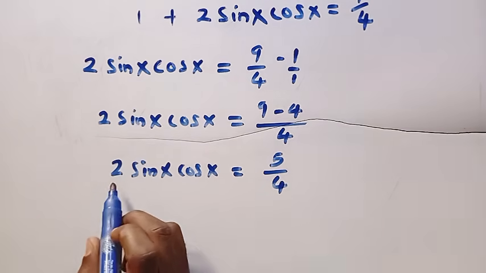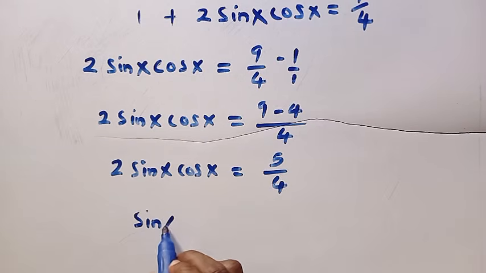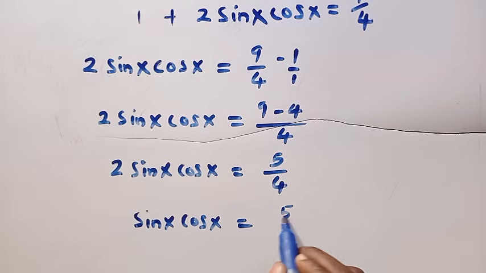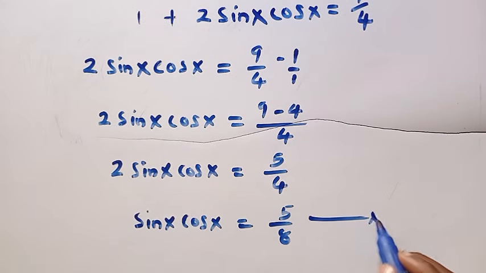Next, we multiply 4 by 2, so that we have sine x multiplied by cos x equals 5 divided by 8.